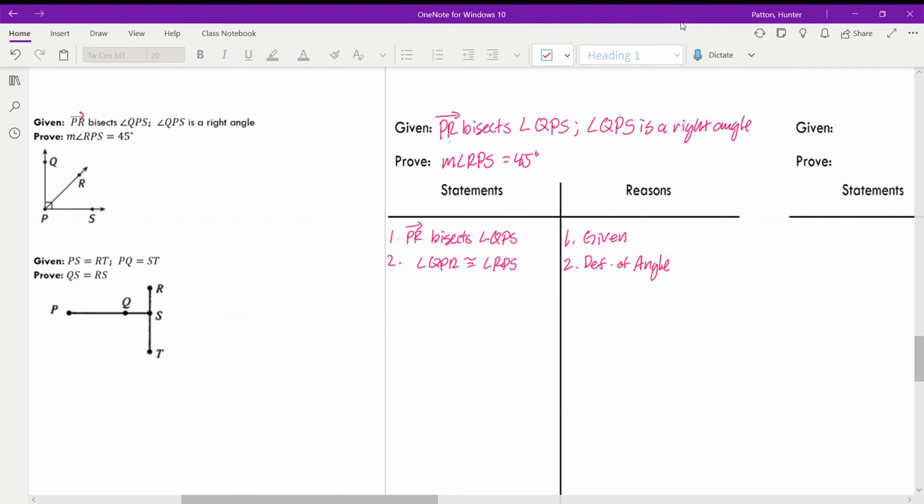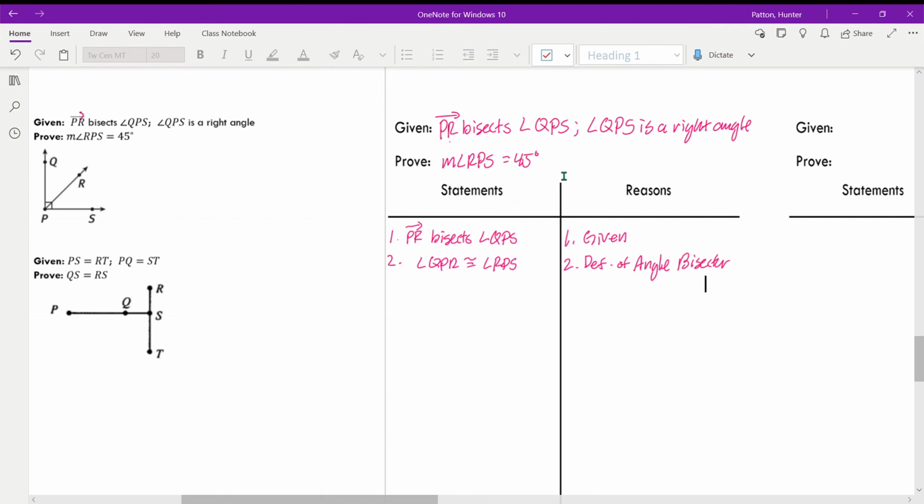One second. Okay, cool. The keyword bisects tells me I'm using the definition of angle bisector.